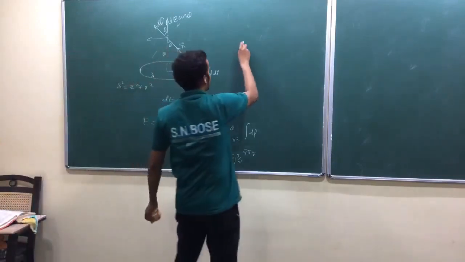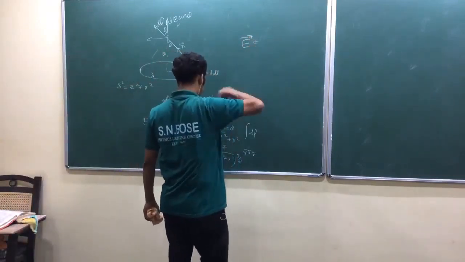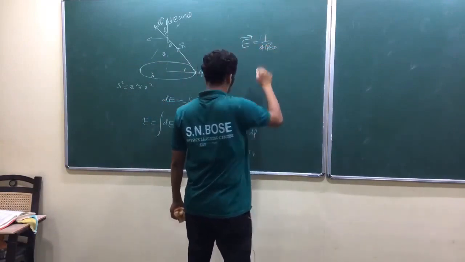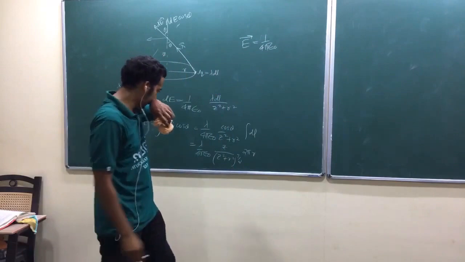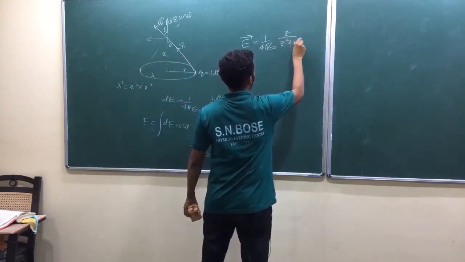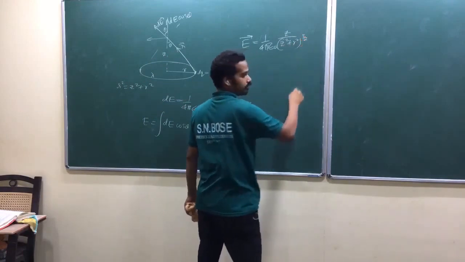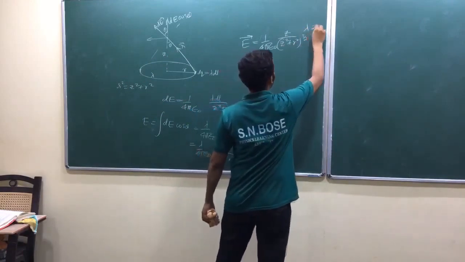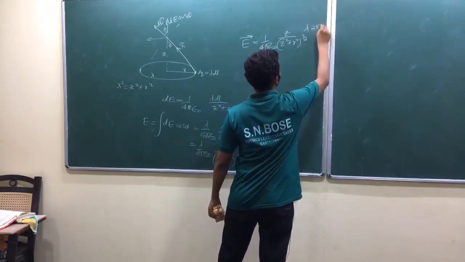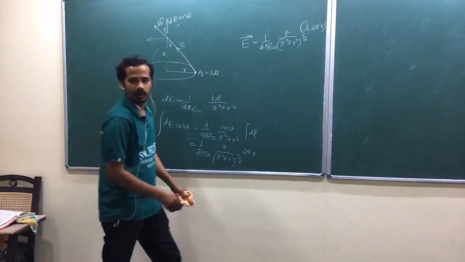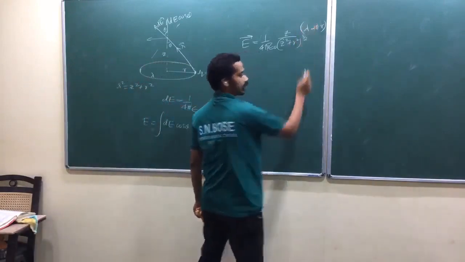Now your electric field was, let me write it down: 1 by 4 pi epsilon naught, z by z square plus r square raised to 3 by 2, into lambda into 2 pi r. What is this lambda into 2 pi r? Any idea? Total charge on the whole ring, am I right?